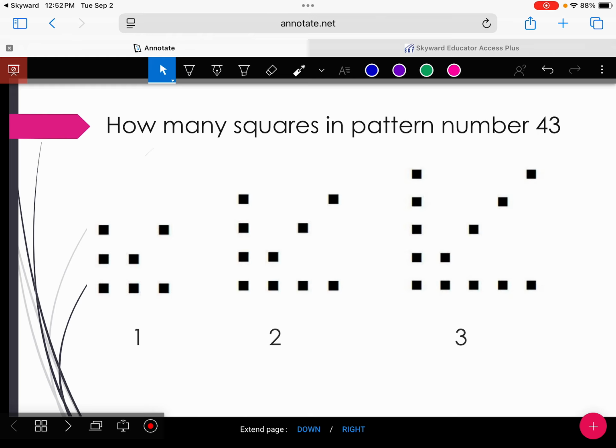N plus 2? N plus 3. Right, it's something like that. N plus 3 equals 43. We want to be able to put the 43 in for an n. 43 plus 3, squared. I don't know.